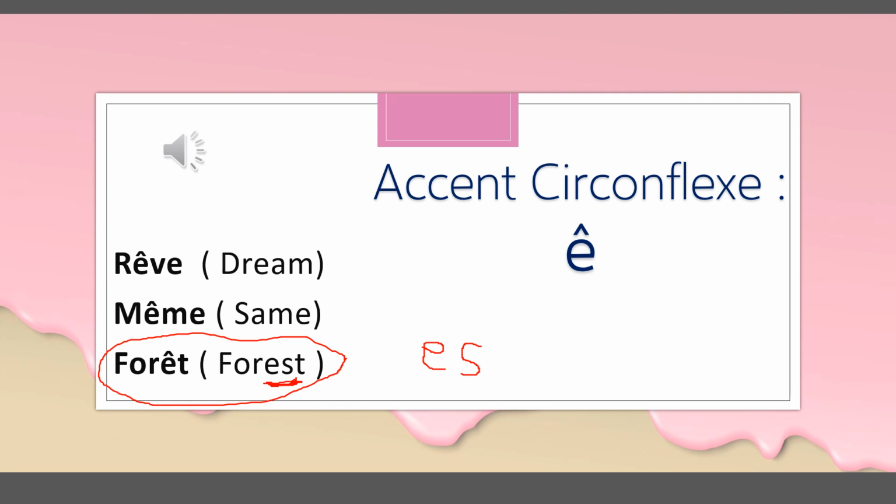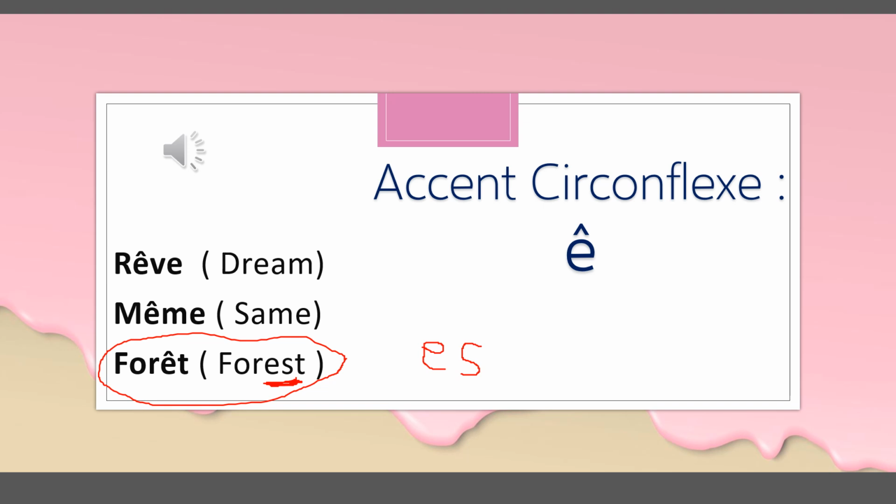And for example, the word forest, okay? You can see here forest in English, for example, is spelled with an S. Well, the French wanted to borrow that word, but what they did is they cut off the S and they put a circumflex accent on the E.